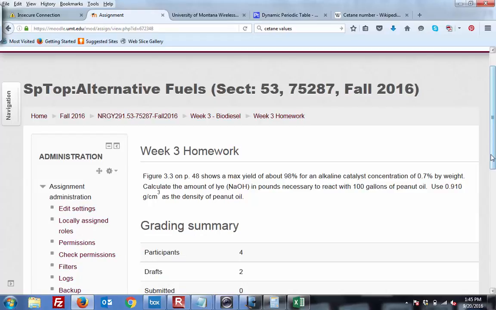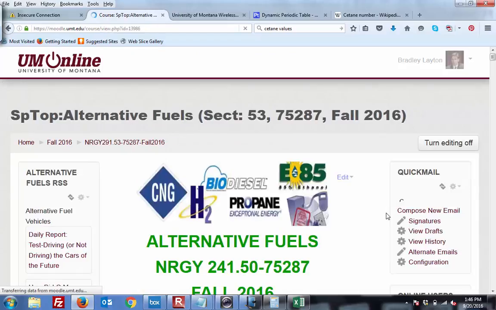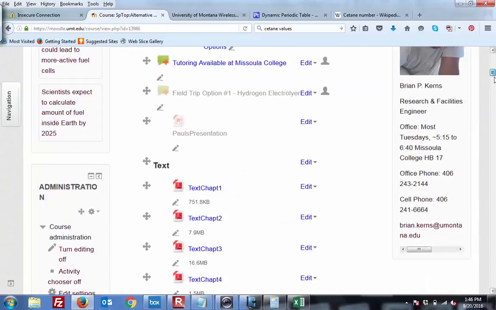We looked at that in last week's lecture. Calculate the amount of lye in pounds necessary to react with 100 gallons of peanut oil. Use 0.910 grams per cubic centimeter as the density of peanut oil. So let's go ahead and look at that solution.